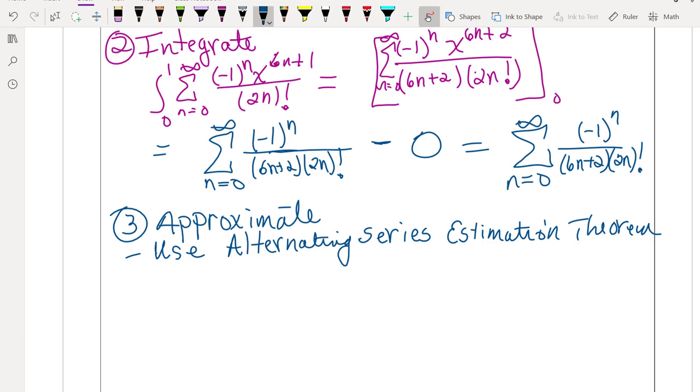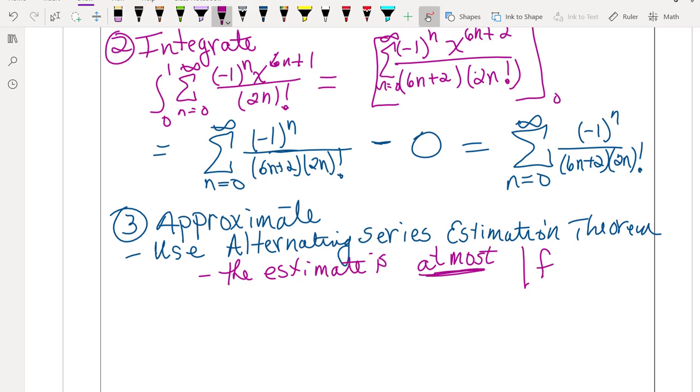So what that is, in case you forget, because we haven't done that in a little bit, is the estimate is at most the absolute value of the first unused term. Okay, so in this case we want 3 decimal places, so our first unused term will be the 4th term, because we want it to 3.